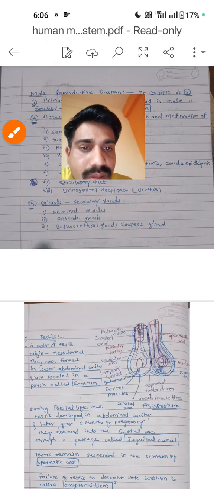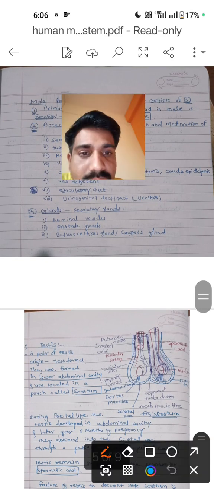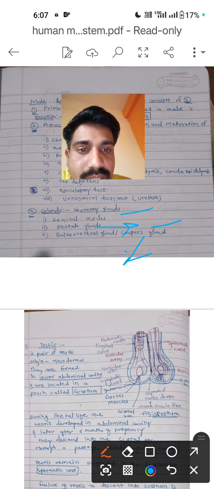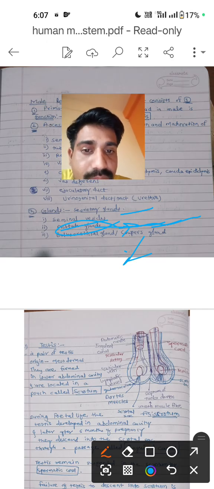The prostate gland gives the milky color as well as proteins, and the seminal vesicles contain fructose also. In the prostate gland, prostaglandins are present. Due to the prostaglandins, they give speed or activity to the sperms.